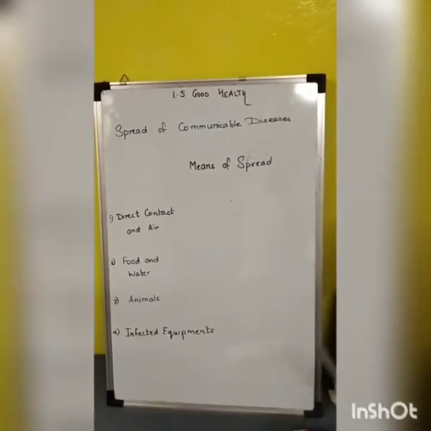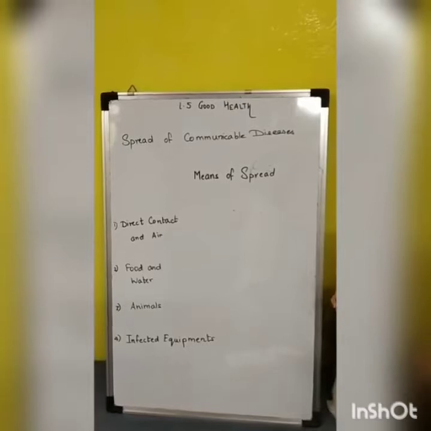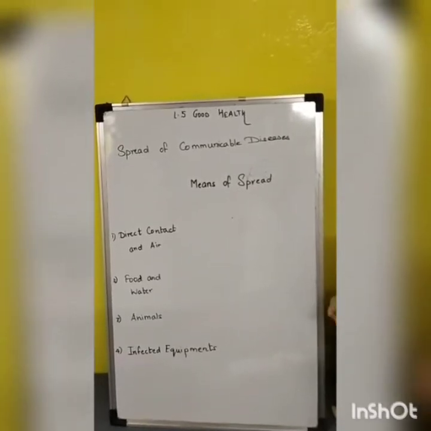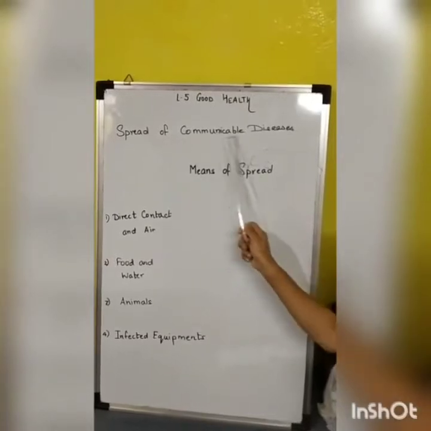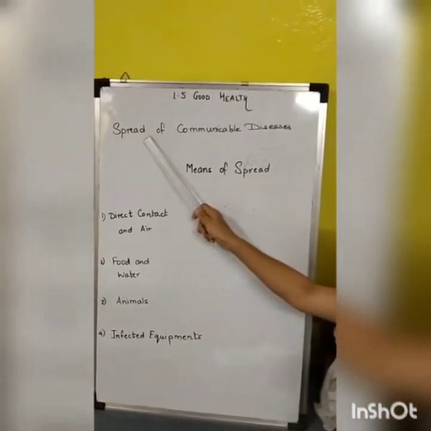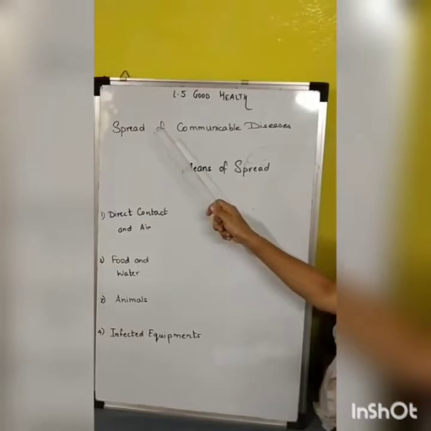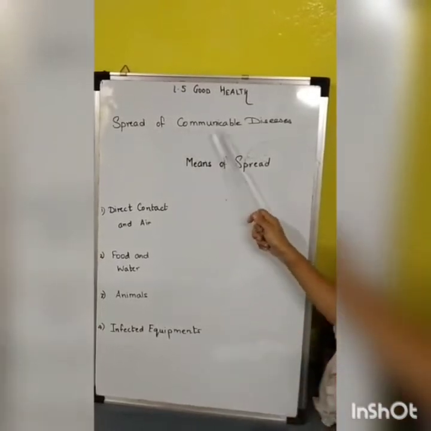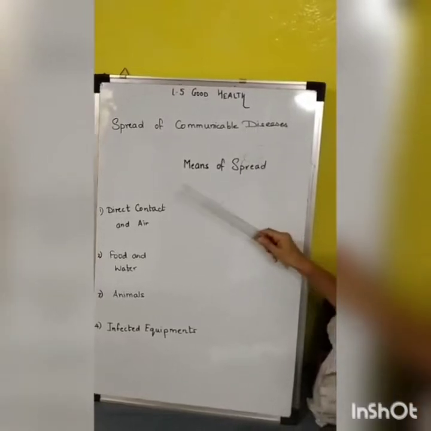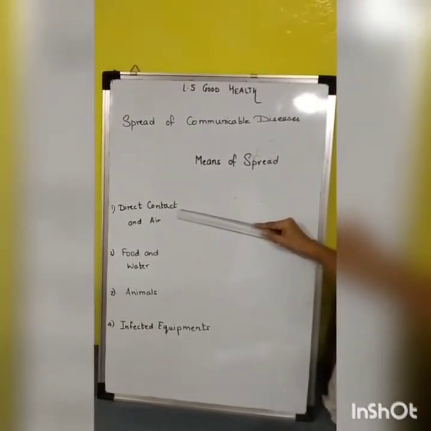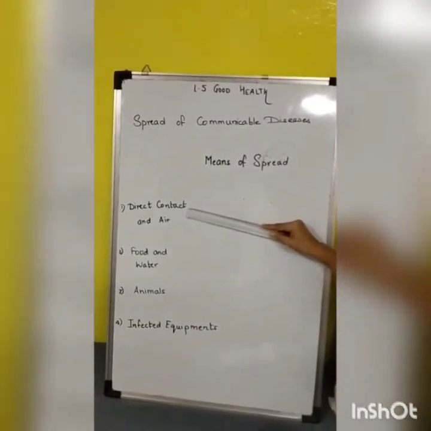So up till now we have seen that there are two types of diseases, communicable diseases and non-communicable diseases. Now we have to study how do communicable diseases spread. It means through what means or medium does it spread. So the different means through which it spreads is, first is direct contact and through air.